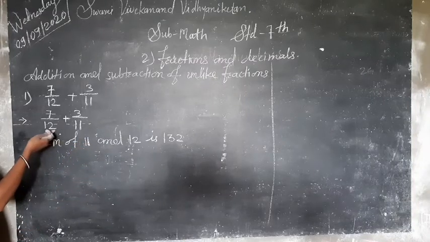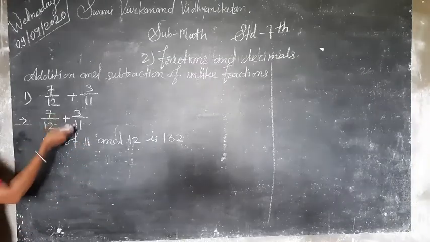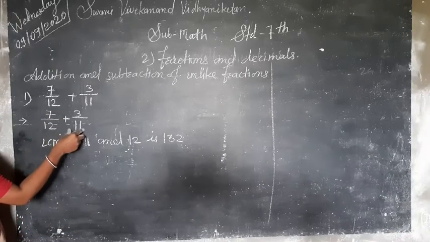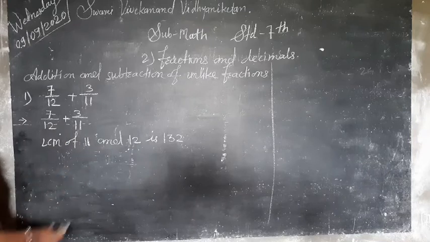Because you are just doing it in short, that cross multiplication as I told you, we just multiply 12 by 11 and 11 by 12.